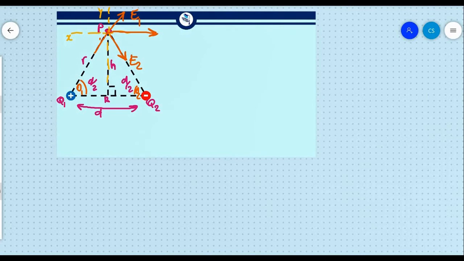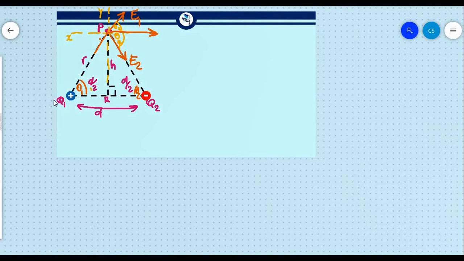Alright, so first of all, let me finish labeling these. So I told you that here an angle is theta 1, this angle is theta 2. This angle we can call, the angles between here, can call theta 3 and theta 4. Alright, so let's start deducing some stuff.